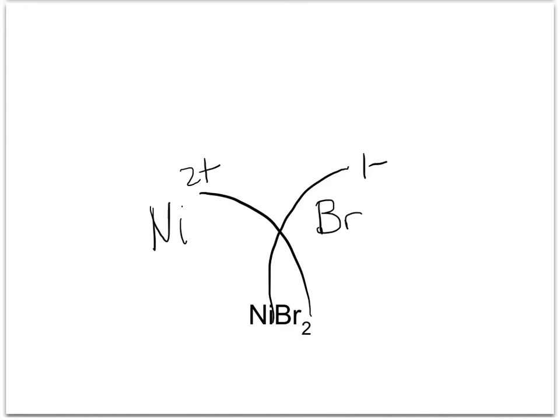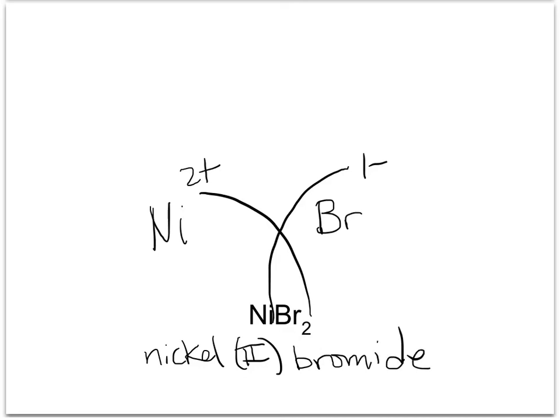You look at bromine, bromine's in group 17, it should be 1-, so that's good. Nickel, in this case, is 2+, so this is nickel 2 bromide.